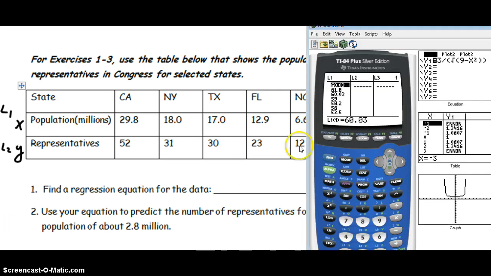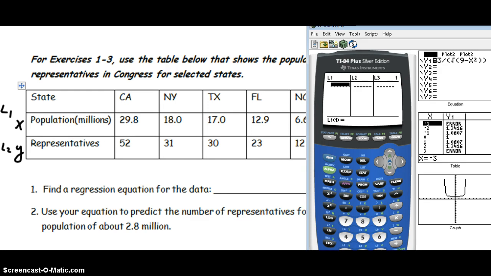Okay, so the first thing to realize is if you have data in here already, then you need to clear it out. And the way I got to the screen, remember, is if you hit Stat and Edit, and then we're going to clear out any data that might be in here. So L1, we go up and we clear, and we hit Enter.